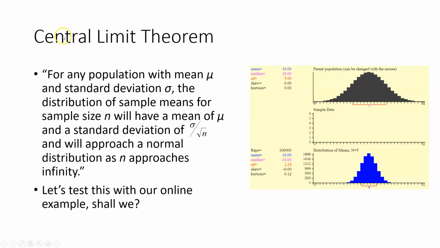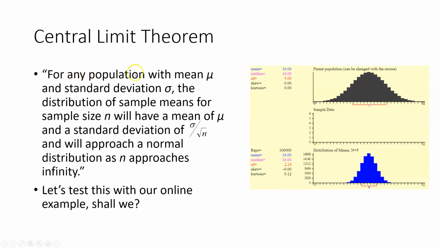We have this thing called the central limit theorem. A theorem is a rule that's not obvious on its own, not intuitive, but can be shown to be true through a chain of logic. So this central limit theorem is a rule about the central tendency of the sampling distribution.